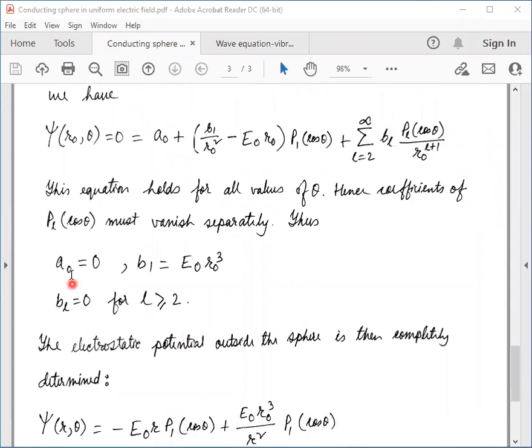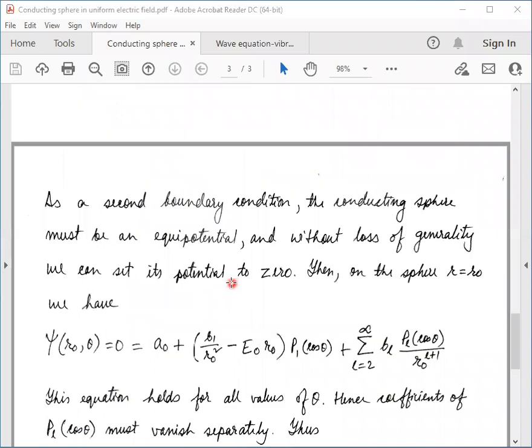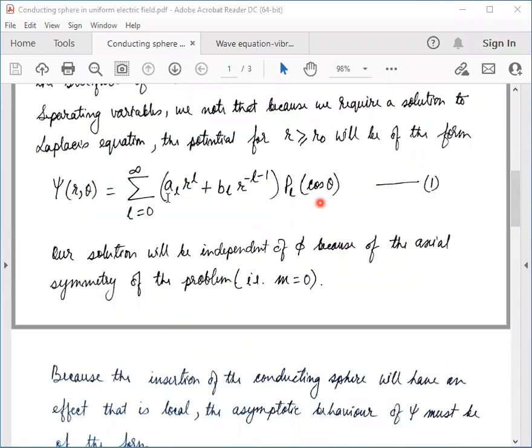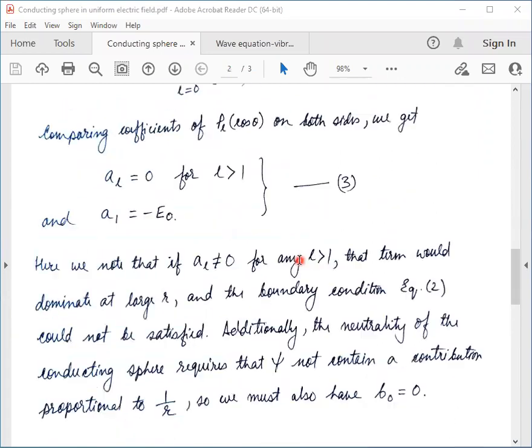So we substitute the values of A0, A1, B0, B1, and so on into the expression.